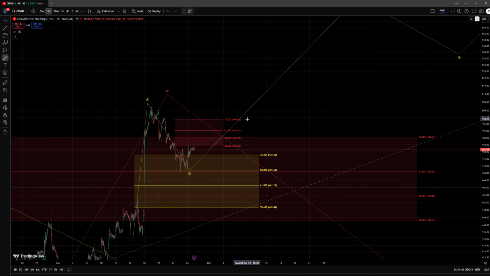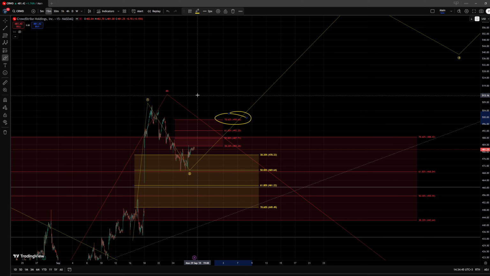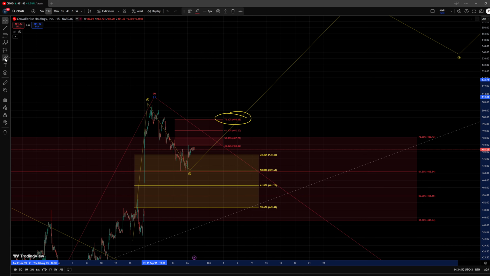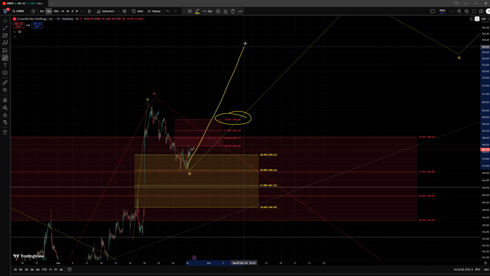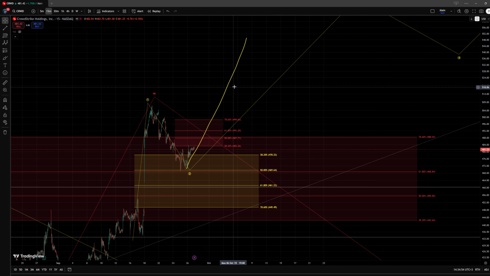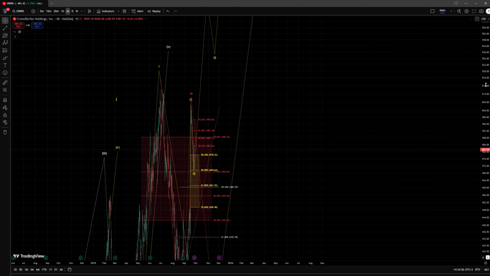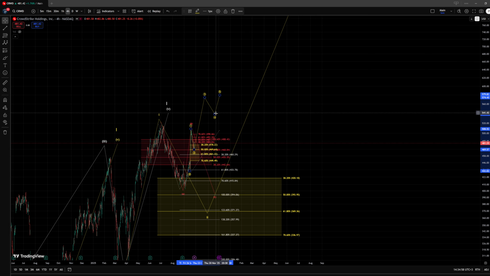Now a break above that, the 78.6% retracement here, would be a first indication that we probably bottomed here and we have a pretty good shot at actually breaking out of this resistance area completely and heading into a larger wave 3 to the upside.